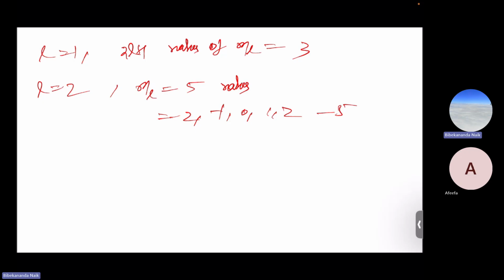Also, the concept of Larmor precession was discussed. So the frequency is eB by 4 pi m.